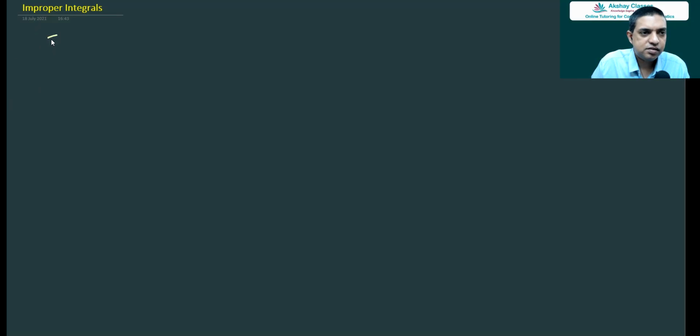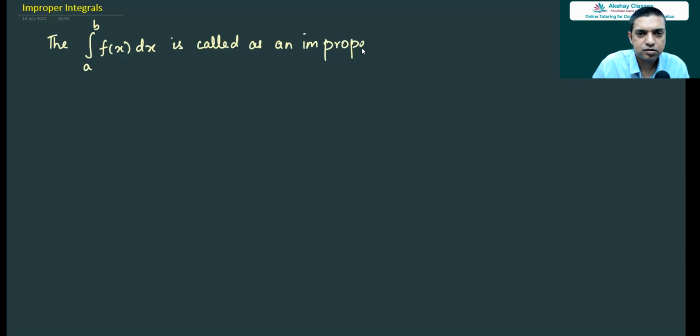The integral a to b f of x dx is called an improper integral if there are two conditions.